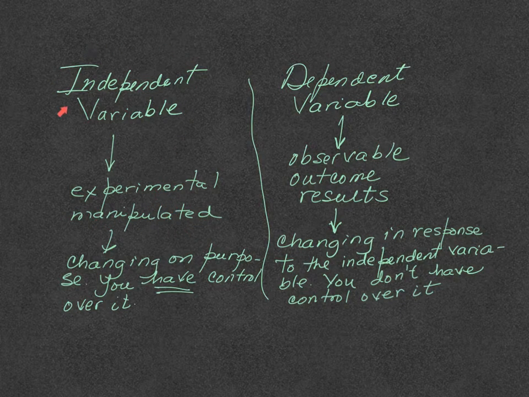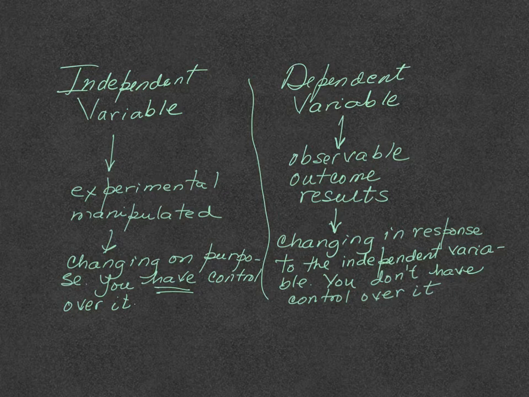Now, what happens with the independent variable? Since the experimenter, the person that is conducting the experiment, is changing that on purpose, that experimenter has control. If you are the experimenter, you have control over that variable. For example, let's say that you want to analyze how the amount of water is affecting the growing of the plants.